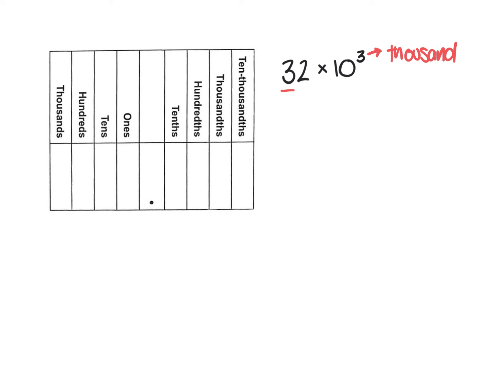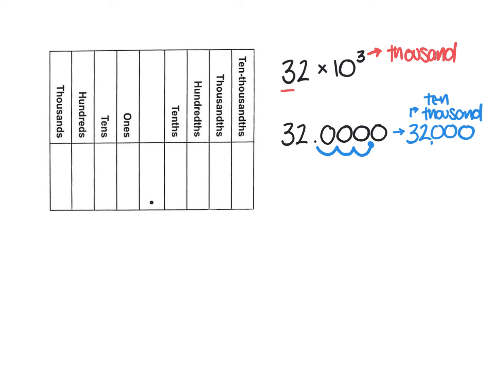To write this number in place value form, we can still move the decimal to the right 3 places, as multiplying by powers of 10 will still change the place values of the number by the power of 10. To convert this to scientific notation, we figure out that we have to move the decimal 4 place values to the right to get 3.2, which is between 1 and 10. So this number is really 3.2 times 10 to the power of 4.